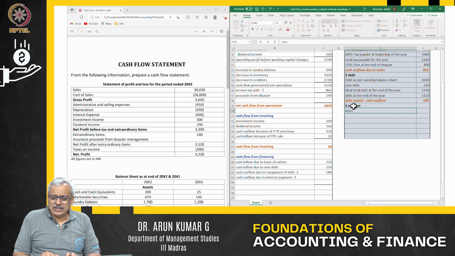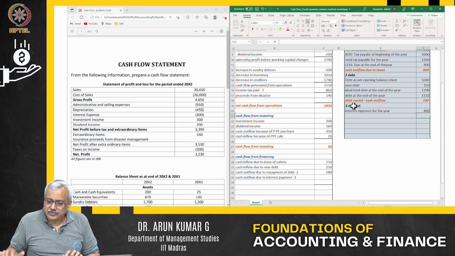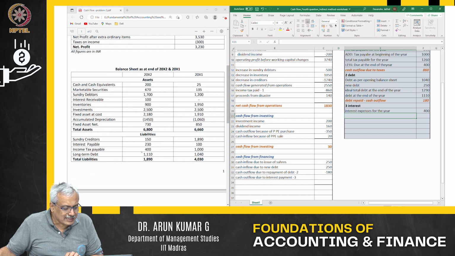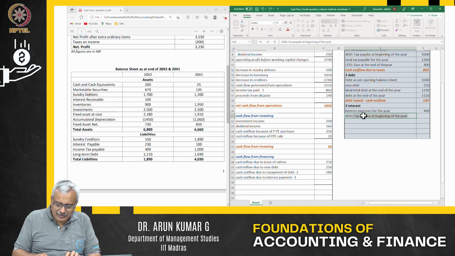Interest expense for the year. How much is it? As per the P&L, $400. Now, go to the liabilities of the balance sheet. Interest payable at the last year is 100. That is, add interest payable at the beginning of the year, $100.